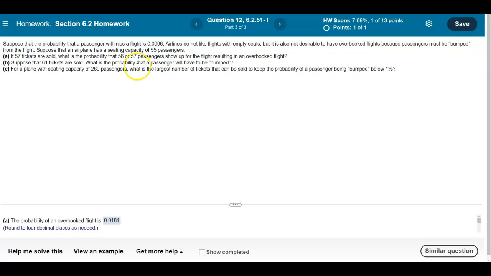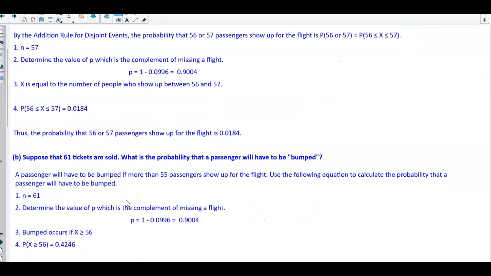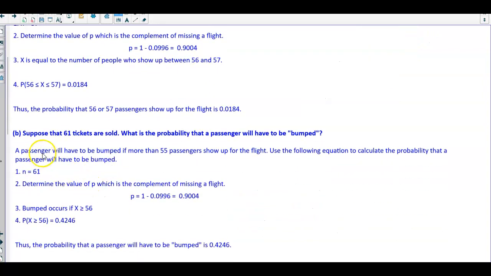Now, the next question says, part B, suppose that 61 tickets are sold. What is the probability that a passenger will have to be bumped? Well, if there's 55 passengers and 61 tickets are sold, a passenger will be bumped when more than 55 passengers show up for the flight.